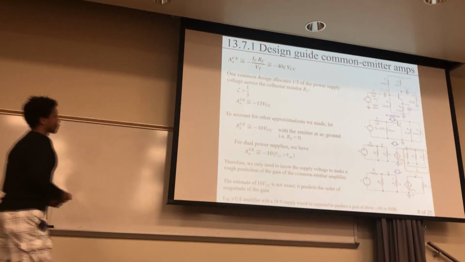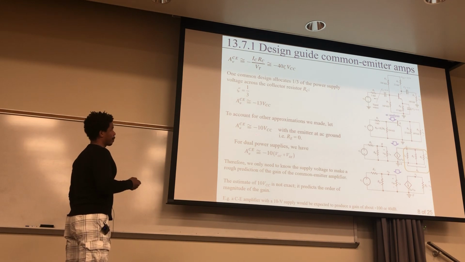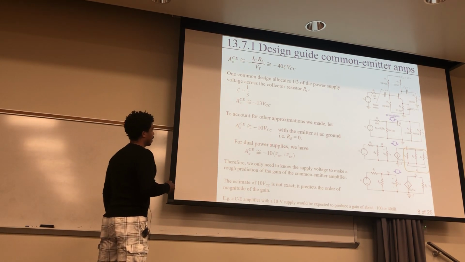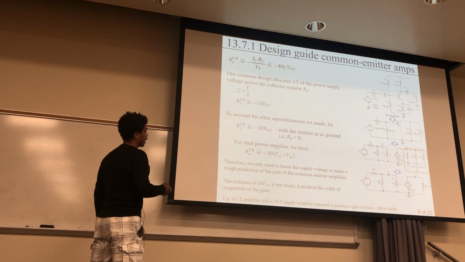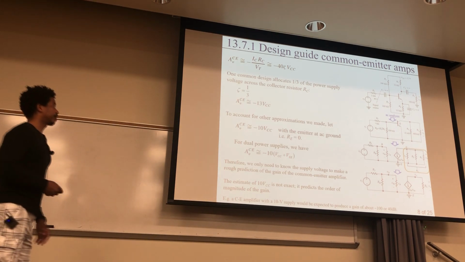That is a rule of thumb. And if you have dual power supplies, then instead of VCC, it's your VCC plus your VEE times negative 10.